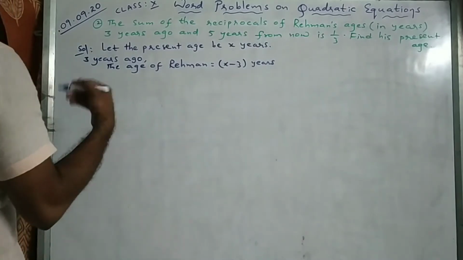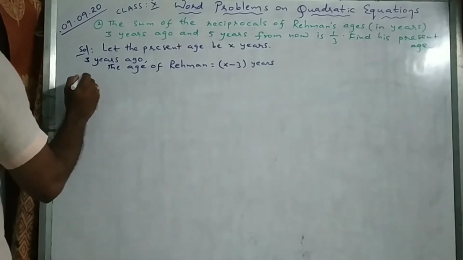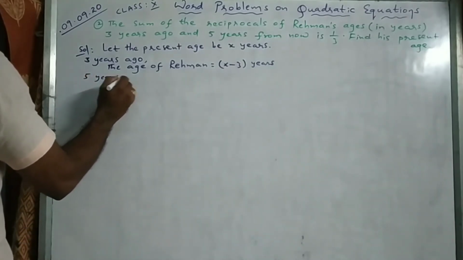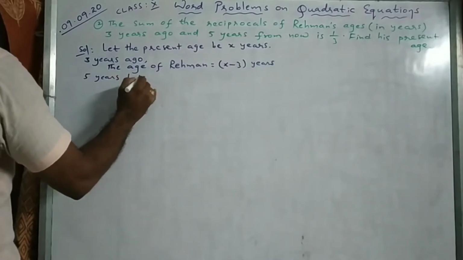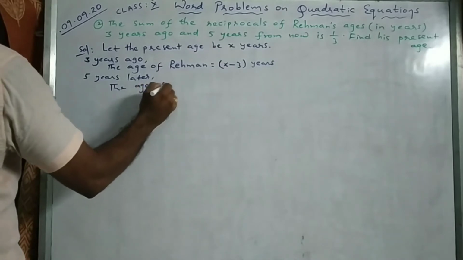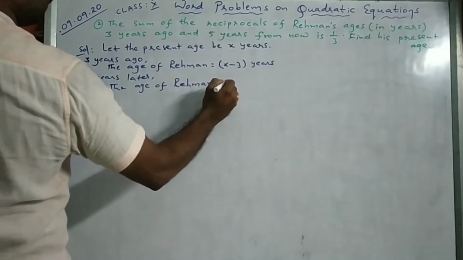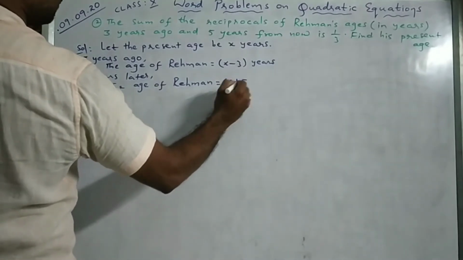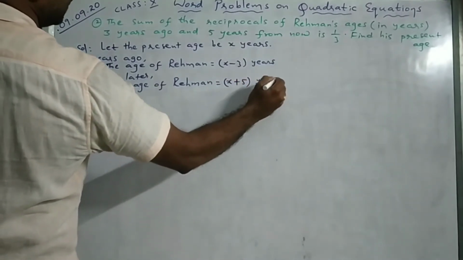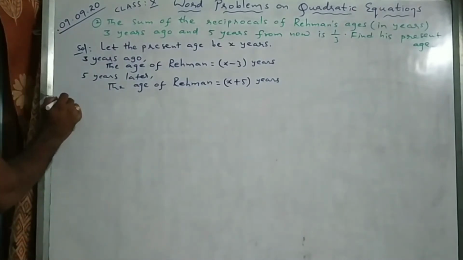After 5 years, 5 years later, the age of Rahman is equal to, later means we should add, x plus 5 years. Ago means subtracting, later or after means we have to add.